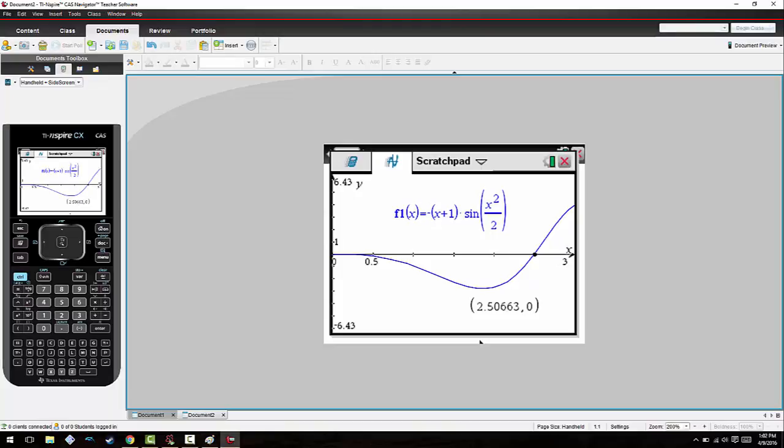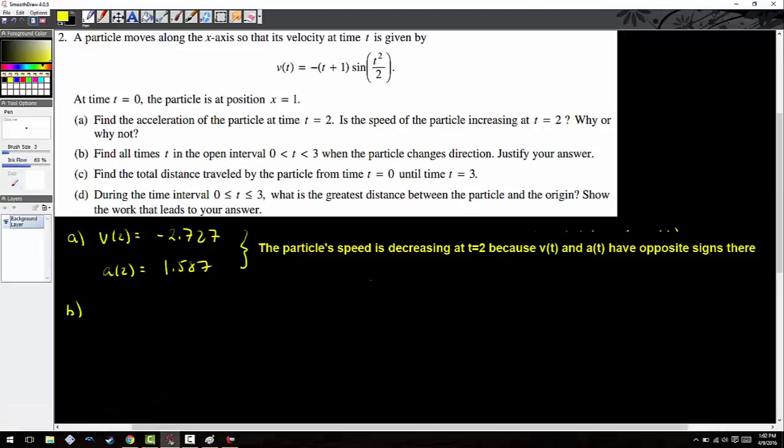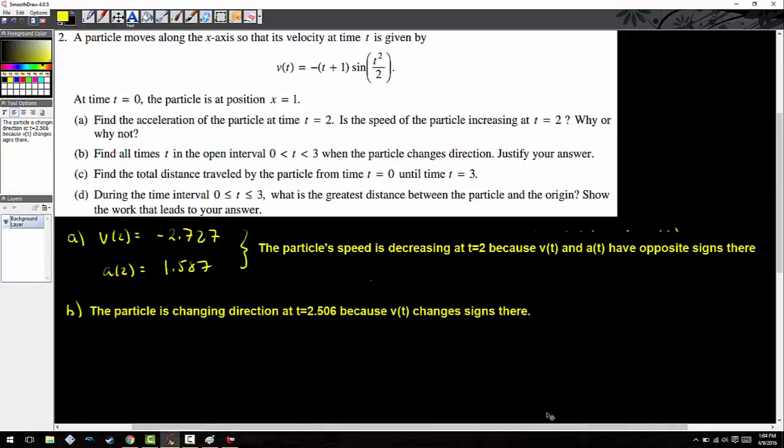So it looks like 2.50663 is going to be my place that I'm looking for. So let's go and write that down. Boom. The particle is changing direction at t equals 2.506 because v of t changes signs there. Okay, cool.